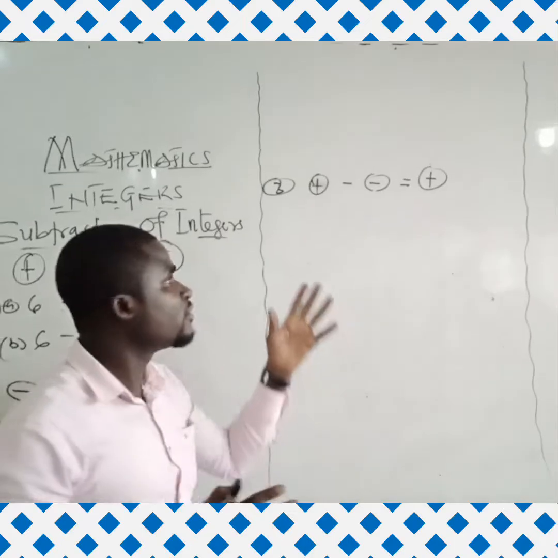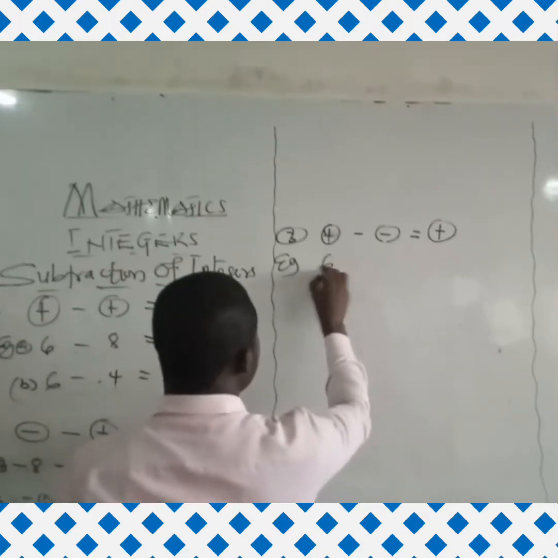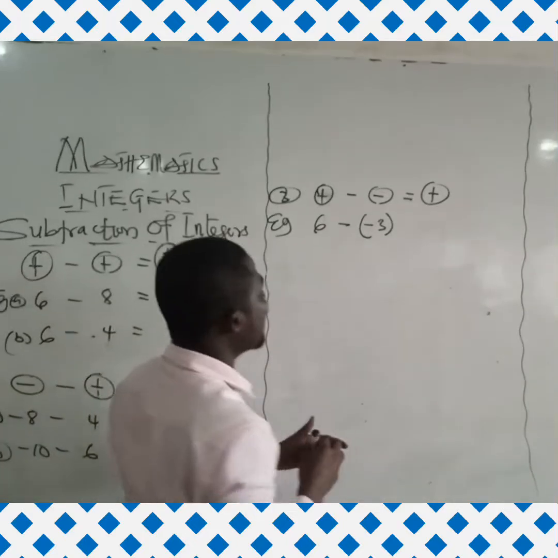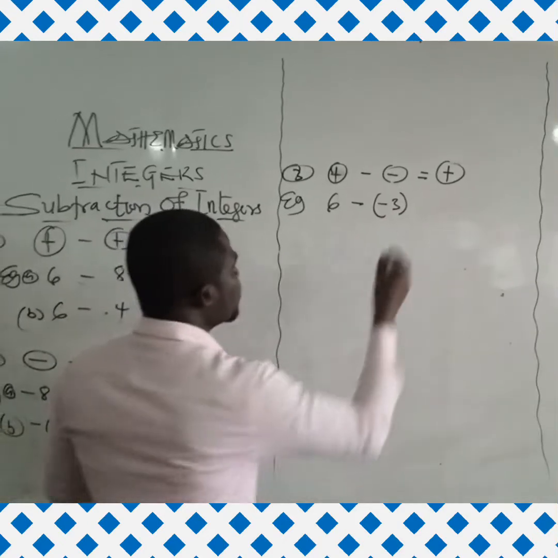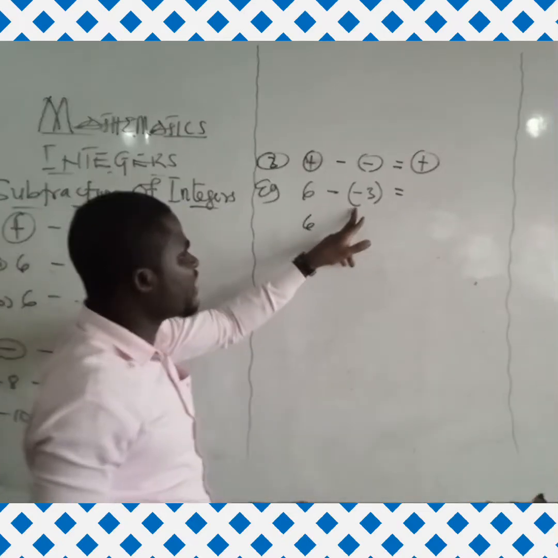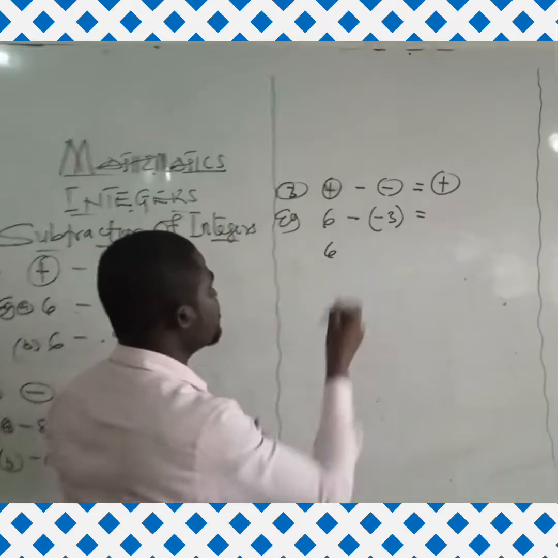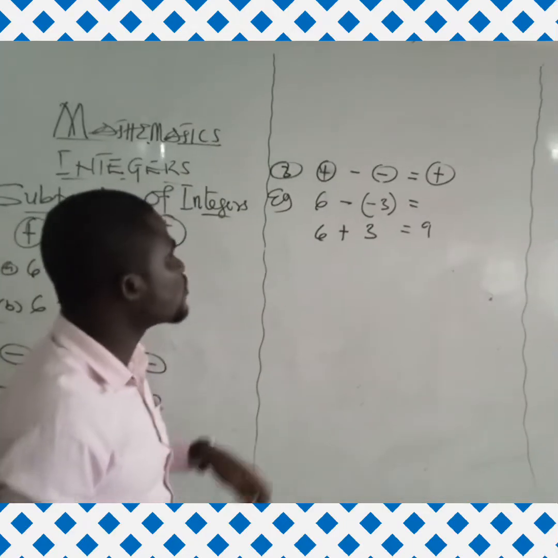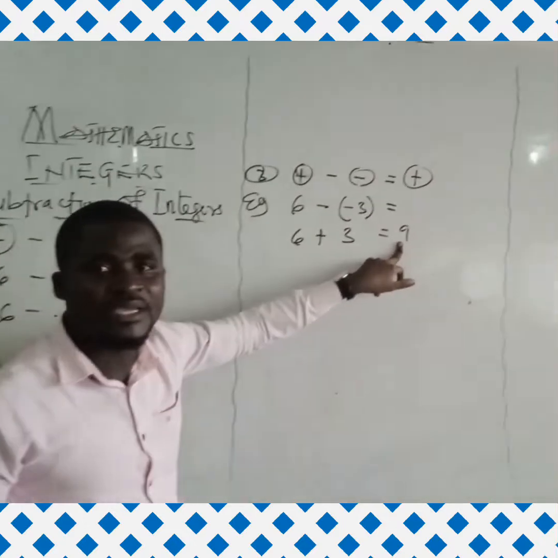If I have 6 minus negative 3, because I have two signs, I have to put this negative 3 in brackets. Now 6, because of this bracket, I have to multiply this negative by this negative to get positive 3, which will give me 9. That's why we are saying that whenever you subtract a negative number from a positive number, the result will always be positive.